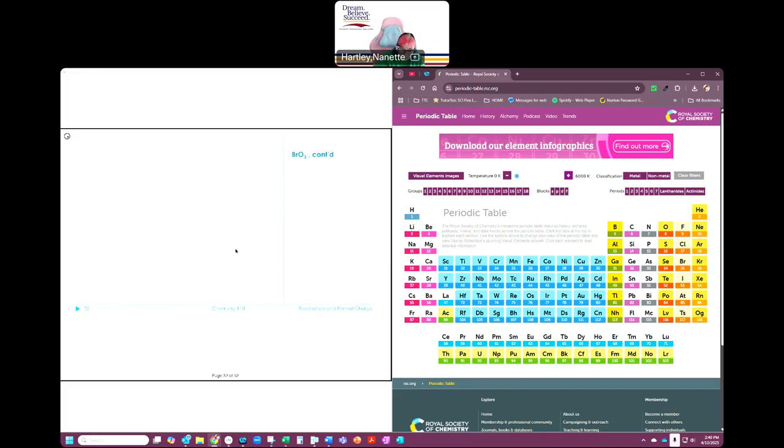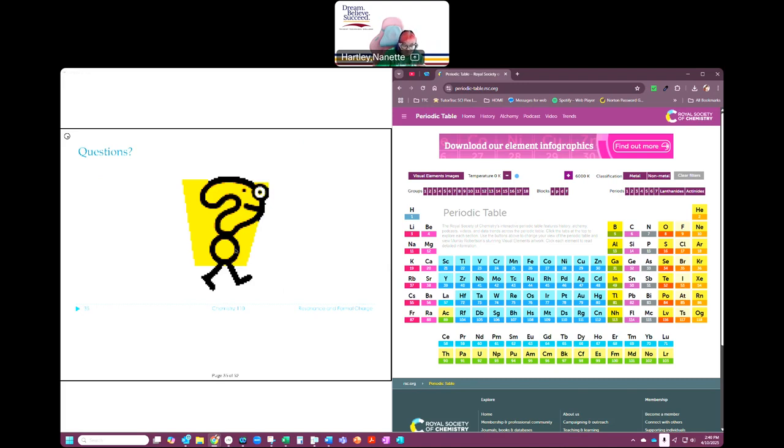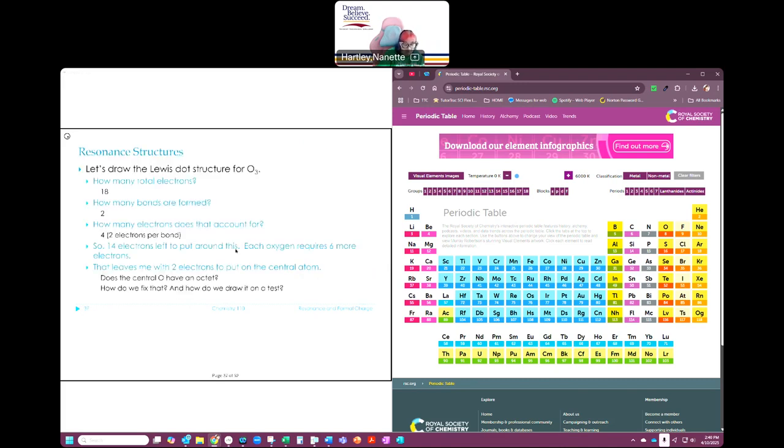All right, so, cool. Questions, comments, problems with any of that? And if we end up with a structure where we have a multiple bond in one place and a single bond in another place that are effectively equivalent, then we want to draw them so that they are equivalent, i.e. that there are multiple structures that we have for that. Okay?